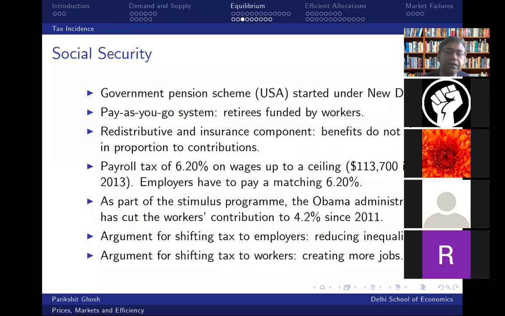There's a little bit of redistribution element in the sense that, for example, there's a disability insurance built in, meaning that if a worker at age 45 suffers some accident and has to retire early, the worker will still get benefits as if he or she paid taxes till age 65. But other than that, the size of the pension is linked to the amount of taxes that the worker has paid.